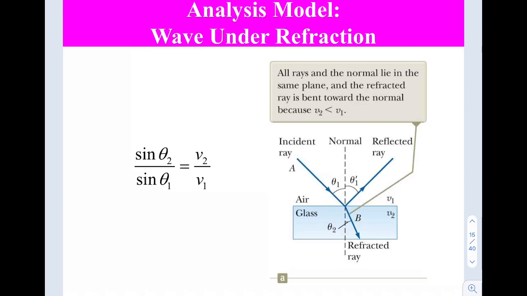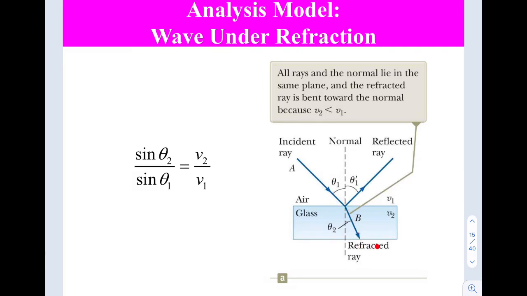Similarly, when a ray of light traveling through a transparent medium, let's say from air here, encounters a boundary, where we have an air-glass boundary here, leading into another transparent medium, as in this figure, part of the energy is reflected, this one, the reflected ray, and part of the energy passes through the medium.